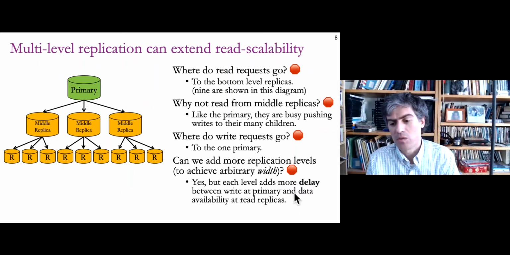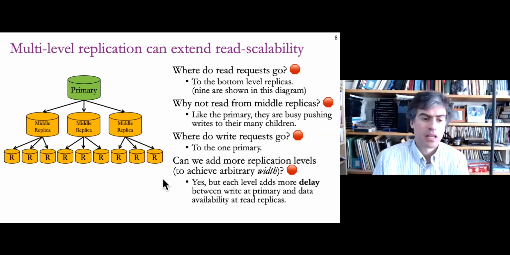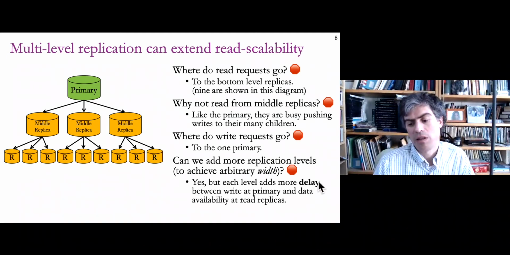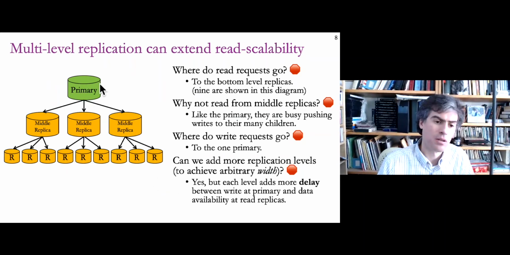I guess I should also ask what's the downside of that, but I've answered it here. You can reach an infinite amount of read scalability, but every time you add another level, there's more delay between the writes and the reads. Okay, so there's a trade-off there between the read scaling level and the delay between writes and those being visible at all the replicas, right? Because you have to propagate more hops from the primary to the replicas.